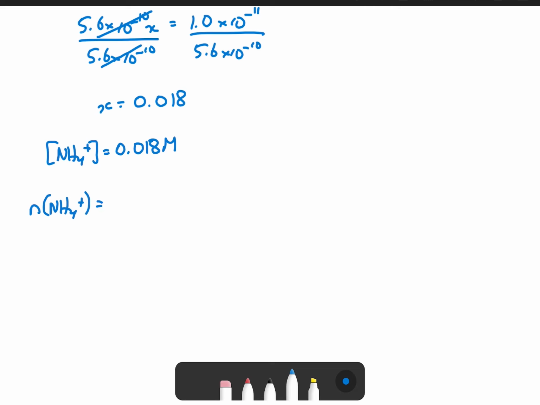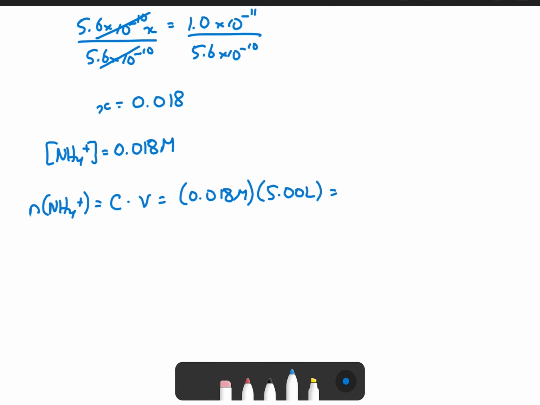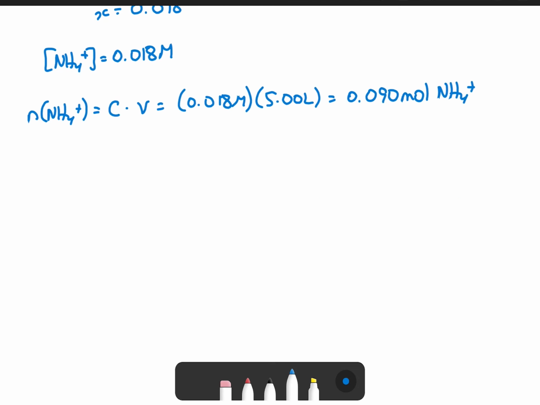Therefore, we can first calculate the moles of NH4+, which is equal to C times V, the molarity, 0.018 molar, times the volume of 5 liters. And this would be equal to 0.090 moles of NH4+.